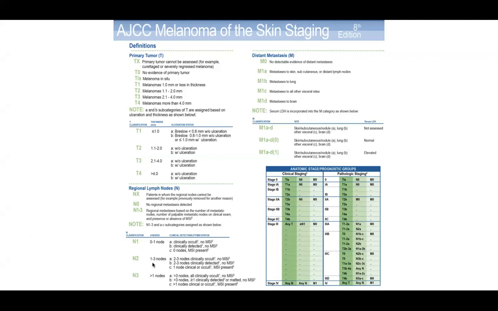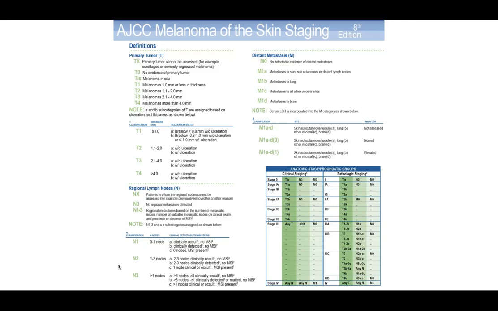If you have 1 to 3 nodes involved, that can be separated into A, B, and C. So A would be 2 to 3 nodes clinically occult, no MSI parameters. B would be 2 to 3 nodes clinically detected, no MSI parameters. And C would be 1 node clinical or occult and MSI present.